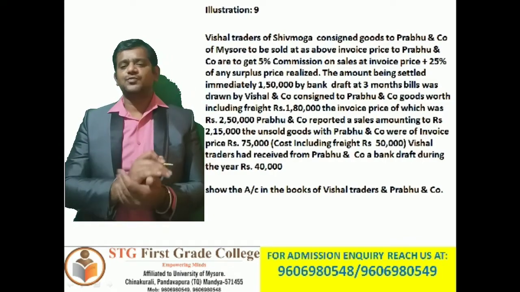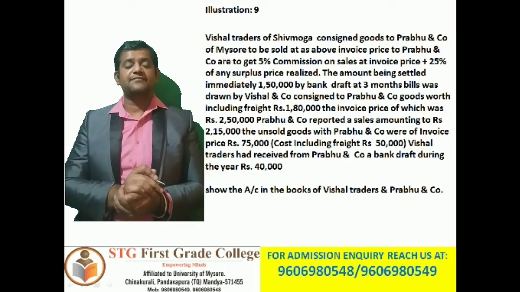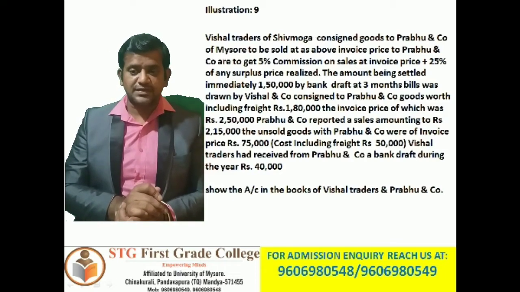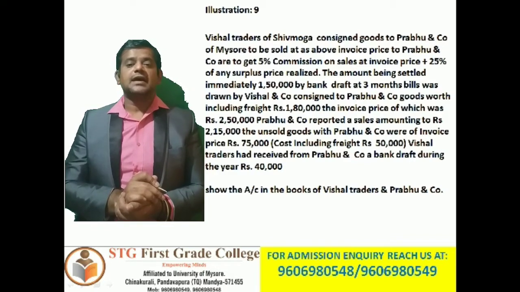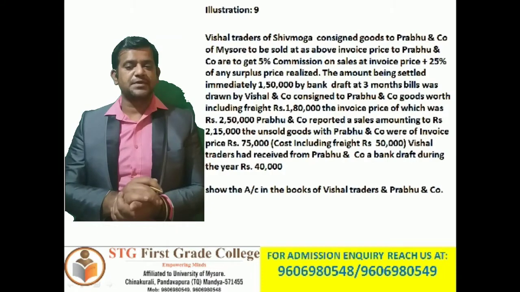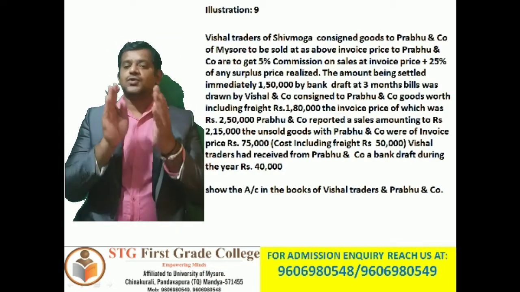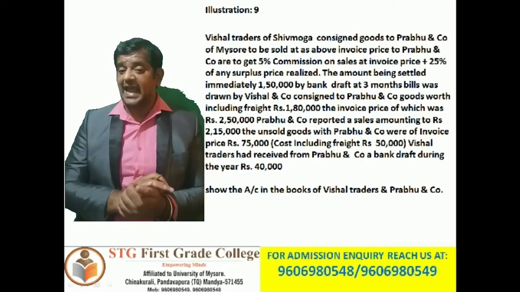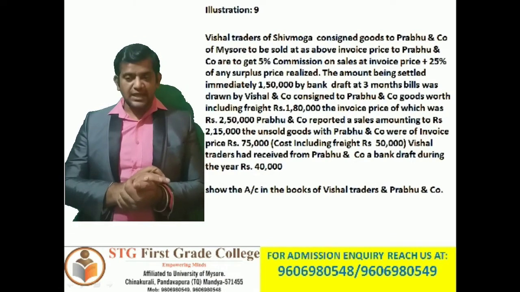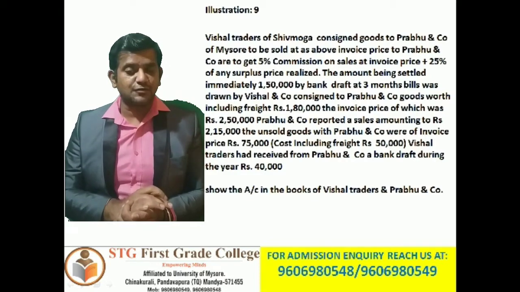The amount was settled immediately by bank draft, and at 3 months bills were drawn by Vishal and Company, consigned to Prabhu and Company. Goods worth, including freight, rupees 1,80,000, the invoice price of which was rupees 2,50,000.